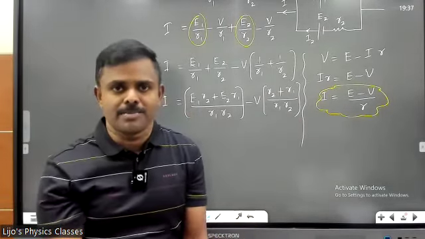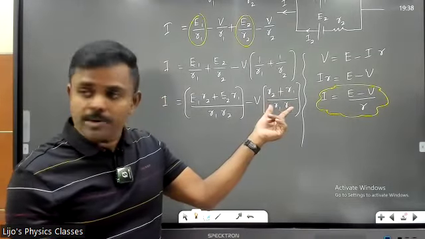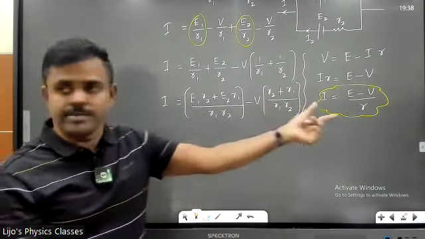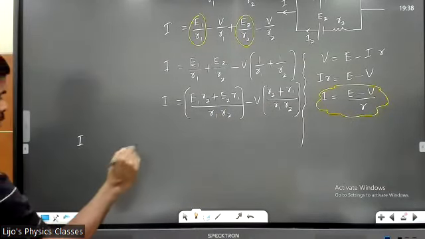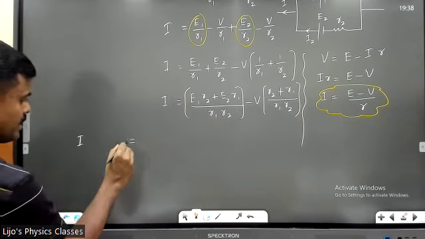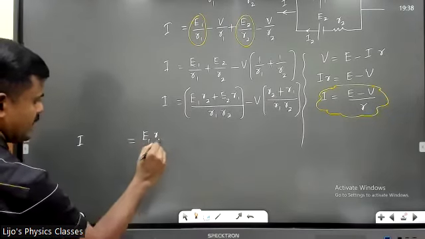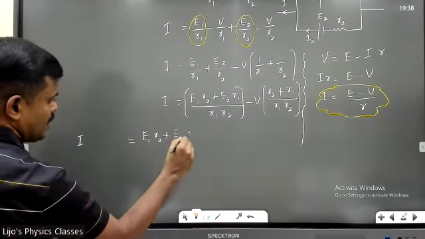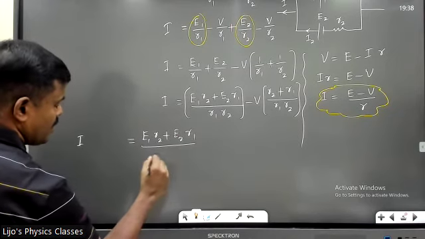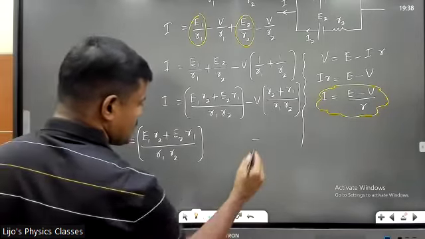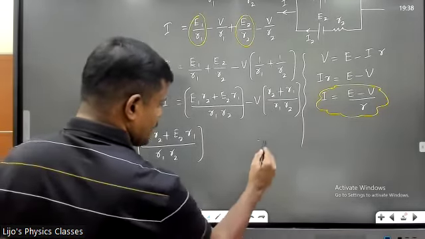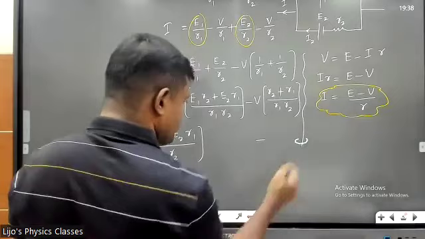When I multiply by its reciprocal, I should do that to all the terms. So let us write that equation one more time with enough space to put a bracket: E1 R2 plus E2 R1 divided by R1 R2 into, I'm leaving some space, minus, what about the last one?